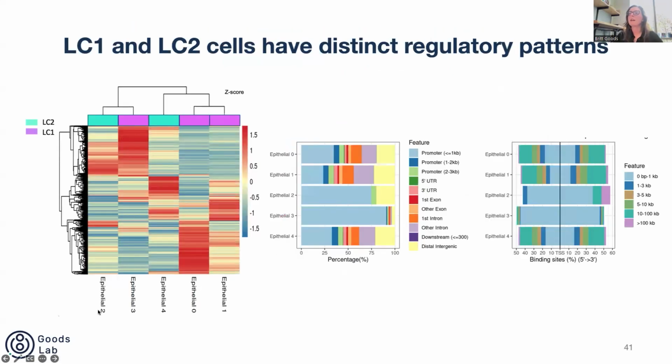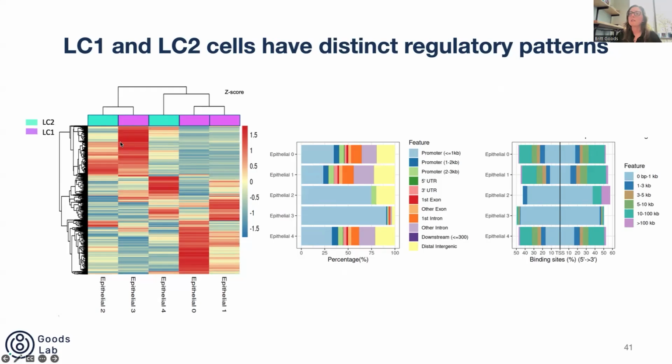Once we assign our epithelial or our lactocyte populations, we have identified 5 of them in this data set. You'll remember in a previous data set that I showed you, there were actually 6. We don't really identify a very clear cycling population in this study, so that is one that is missing from this data set. But we do identify LC1 and LC2 cell types, which I've annotated up here with these colors.